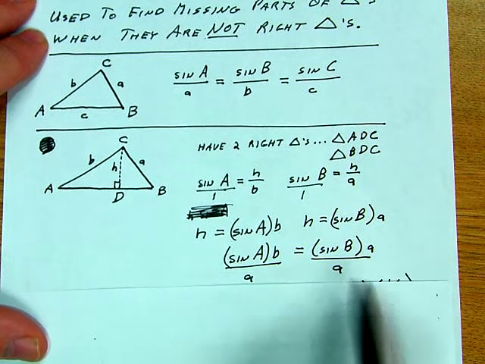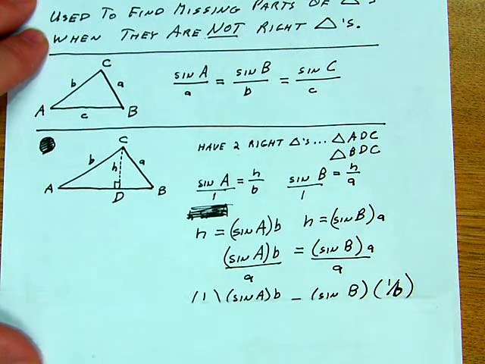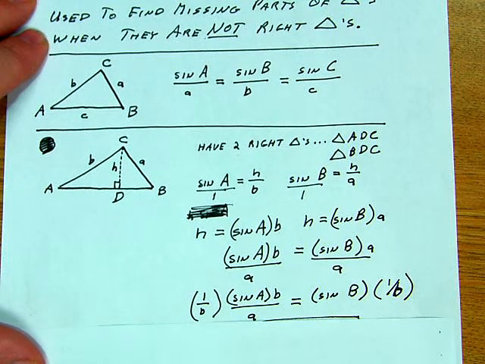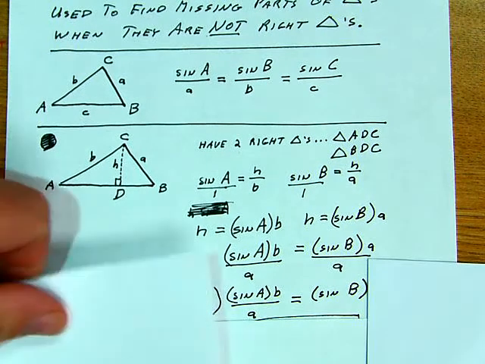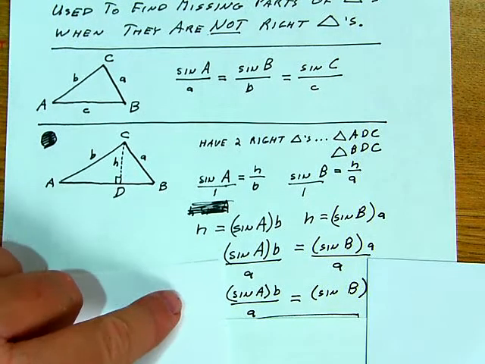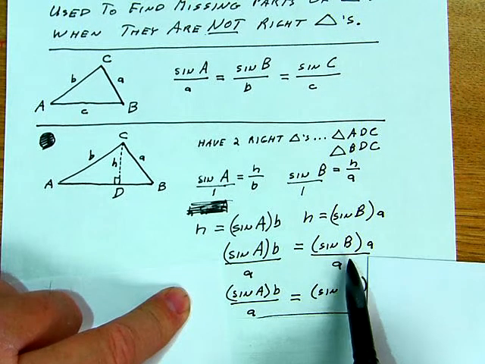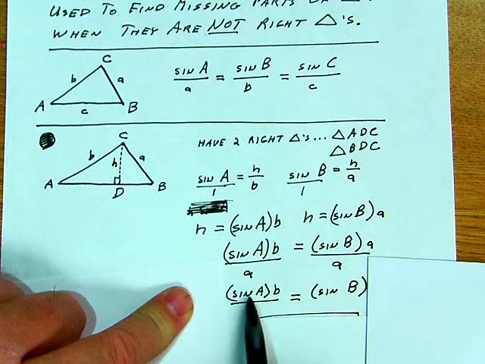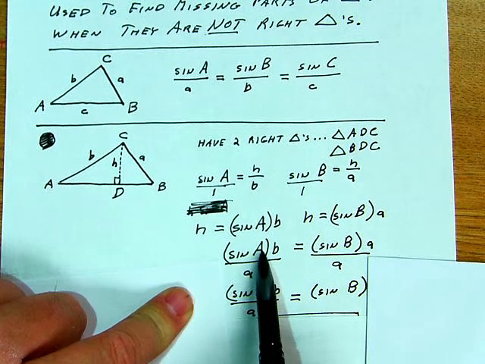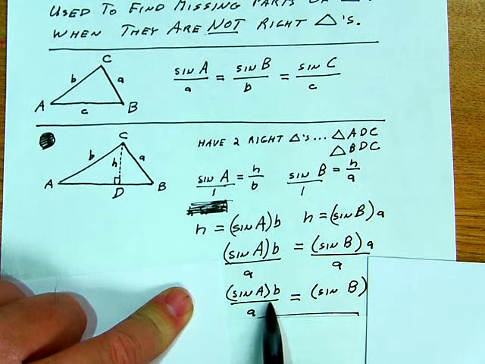Well, I'm going to divide both sides by a, and that gives me this oddball guy here. Okay, so when I divided this by a, I get the sine of B is all that's left on this side, and I get the sine of A times b over a on this side.